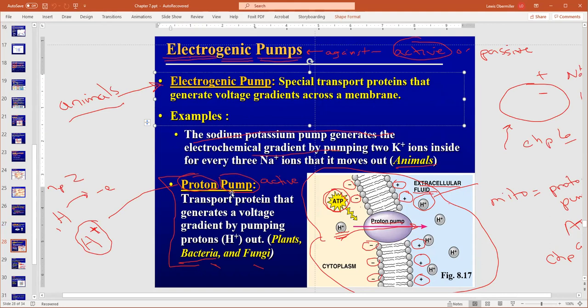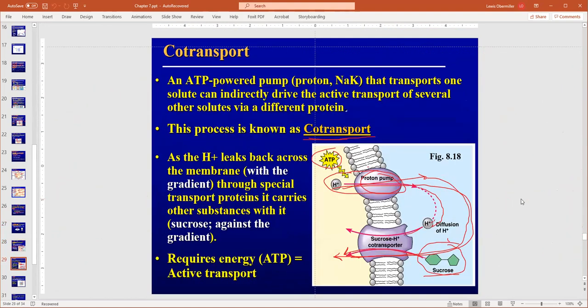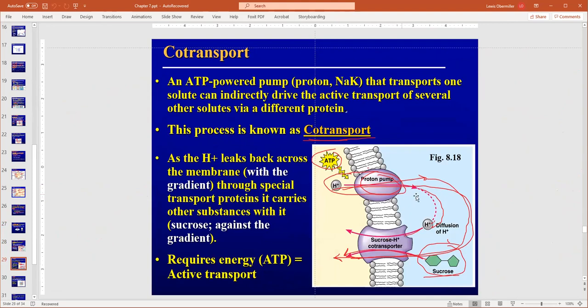And we talked about sodium, potassium, but we can also do this with protons. And this is how the mitochondria does it, and bacteria. Co-transport is when you transport something downstream actively and then you bring it in passively.